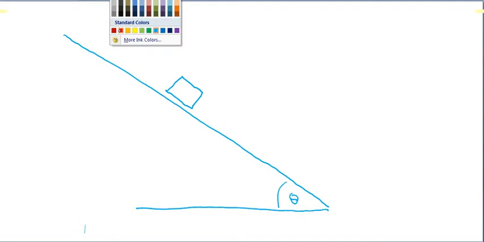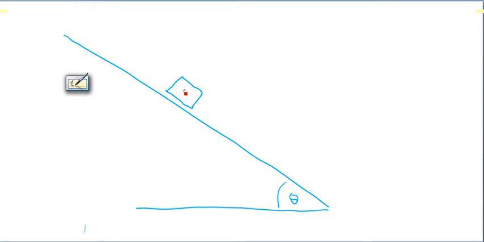And first step is always drawing a force diagram. So the force diagram, of course, has force gravity, which is pulling the brick down towards the center of the Earth, and force normal, which will be perpendicular or normal to the ramp angle.